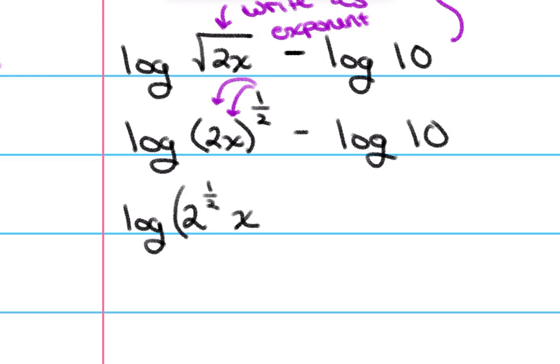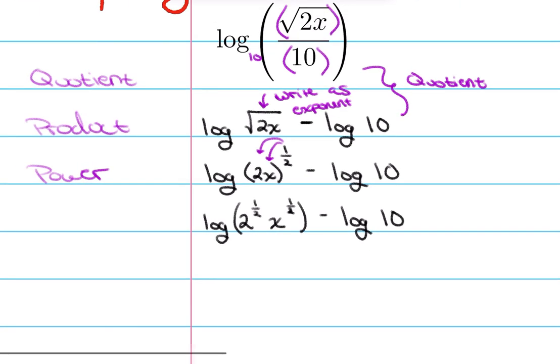So I just distributed my power to each piece. Minus the log of 10. Okay? So again, what really makes this spicy, it's not the properties of logarithms that makes this a spicier problem. What makes this a spicier problem is knowing your rules of exponents. That's what really gets it.